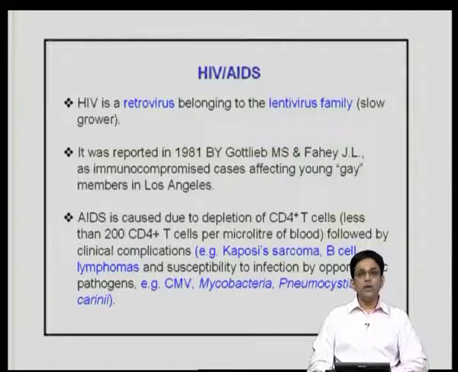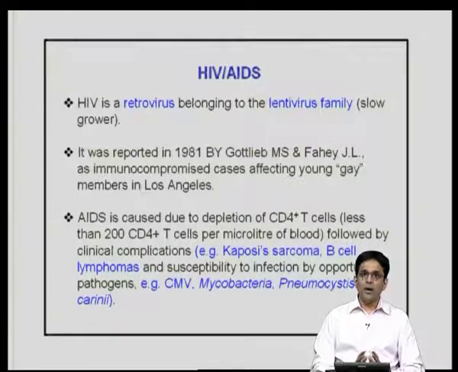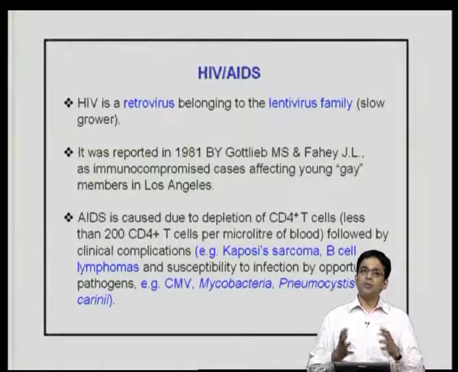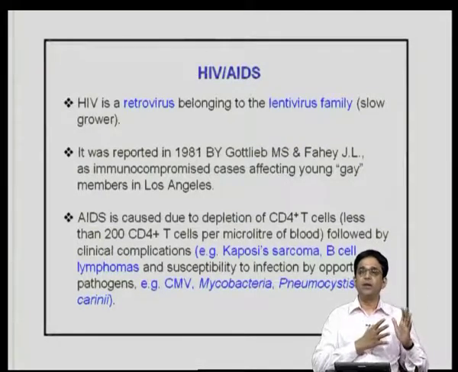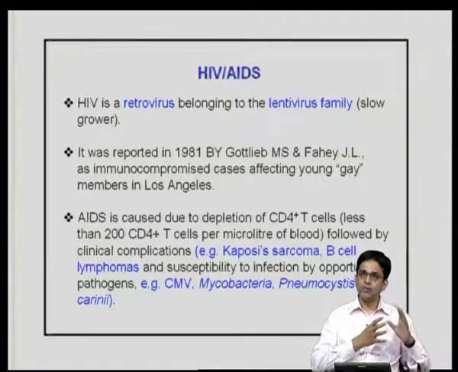The first reported case of AIDS was in 1981 by Gottlieb and Fahey, who realized that there were a lot of immunocompromised cases affecting young gay members in the Los Angeles community. Usually, such infections were associated with people of advanced age, older people whose immune system was compromised.